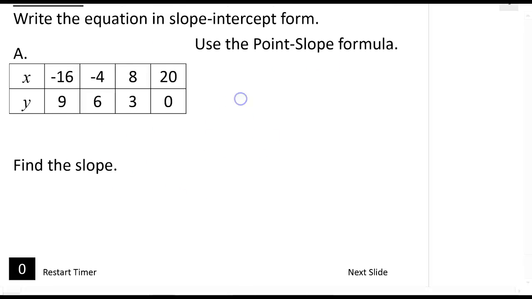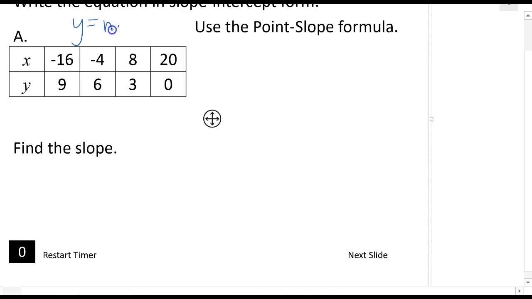Okay, so now write the equation in slope-intercept form. Okay, so first of all, our goal is that we need to get an equation that is y equals mx plus b.